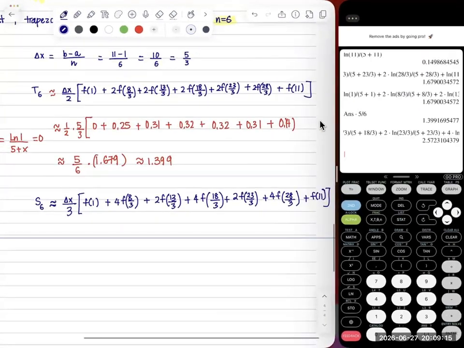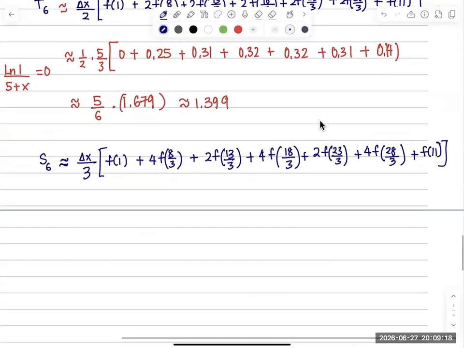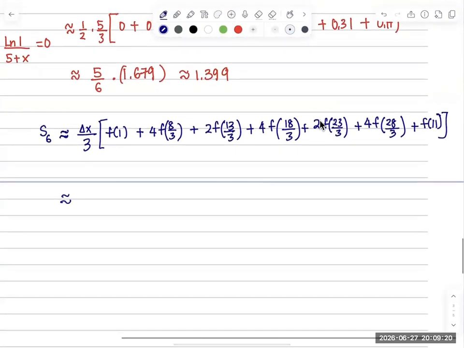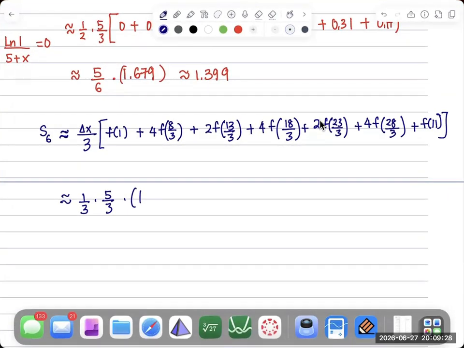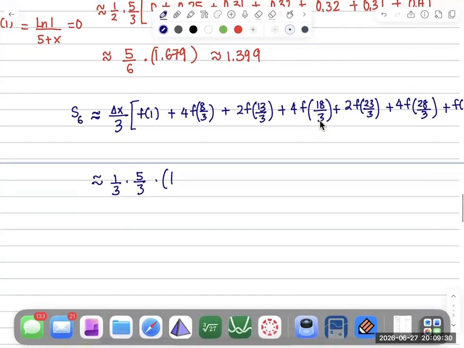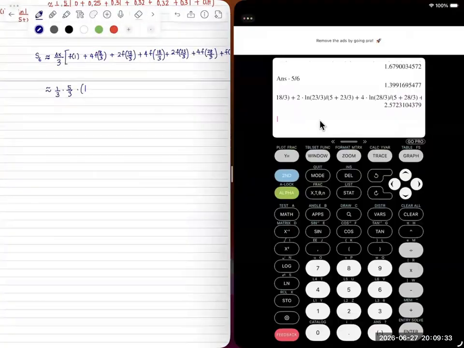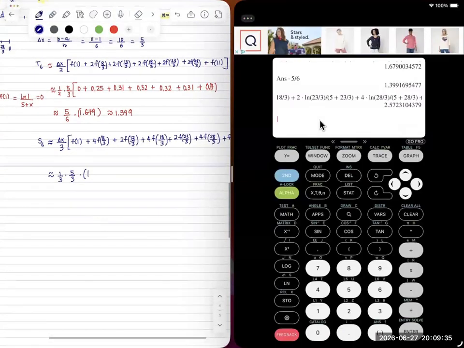So 2.5723. So I will have approximately 1/3 times 5/3, and then times 2.5723.